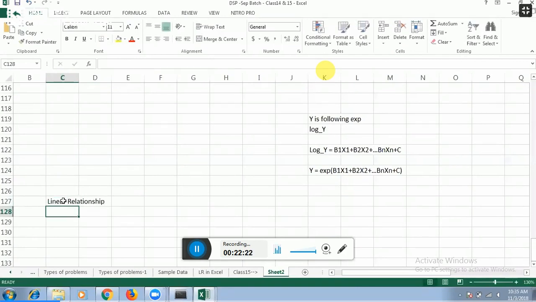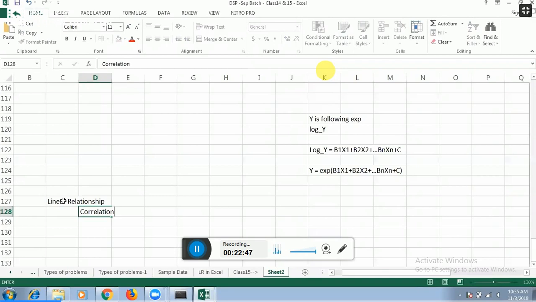When can you say that two variables have a linear relationship? One increasing and the other increasing, or one increasing and the other decreasing. In both cases, we can say that the data is following a linear relationship. This is the same as the definition of correlation. What is correlation?